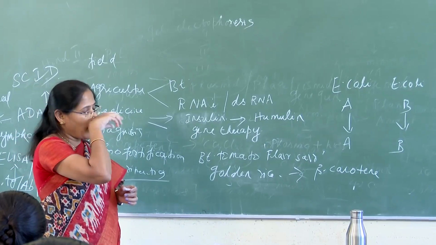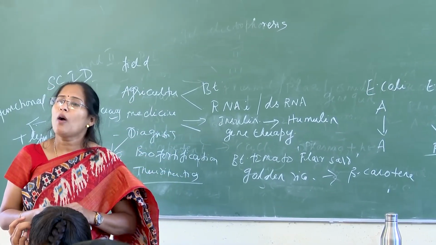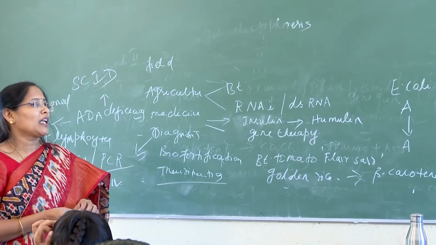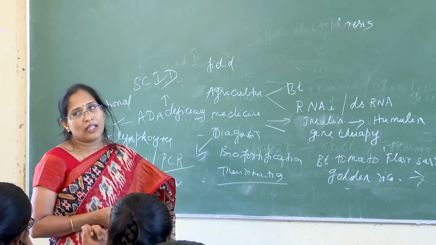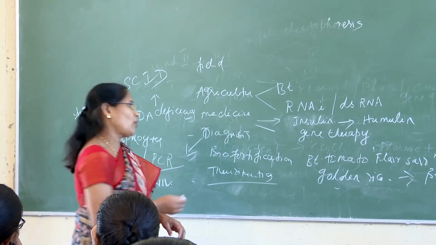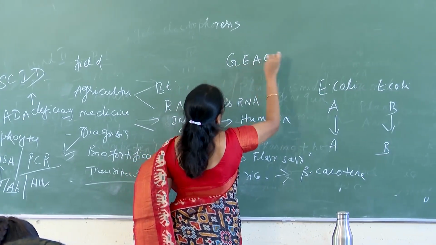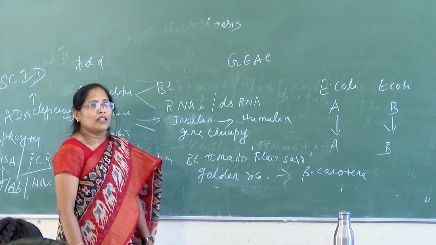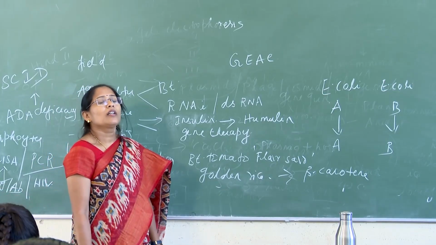Got it now? Then the last part: whenever we are inserting a gene into an individual, into a bacteria, we are automatically doing it unethically. We are exploiting them. So there is a control which is required for it. For that we have a body called GEAC. What is GEAC? Genetic Engineering Approval Committee.